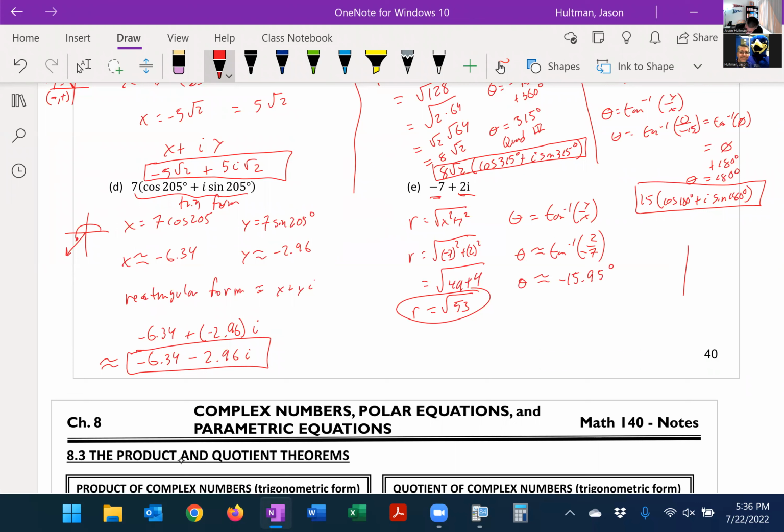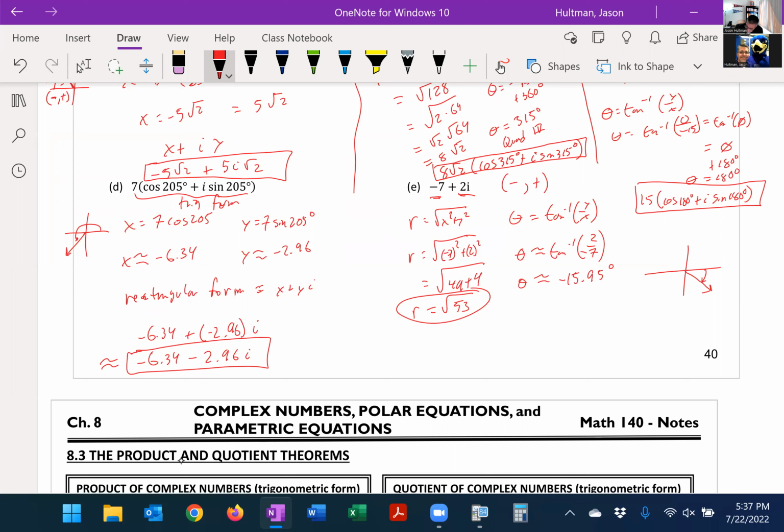However, where does my point live? My point lives where the x values are negative and the y values are positive. My point is not in the fourth quadrant.